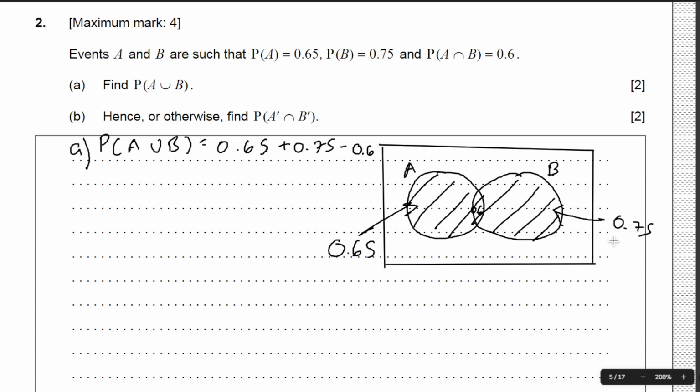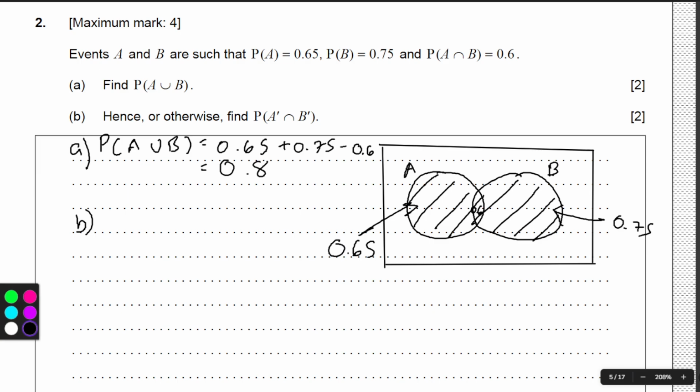I don't know if that makes sense, but I hope it does. We need to minus that, and this would be 0.65 minus 0.6, 0.05, 0.05 plus 0.75, that would be 0.8.